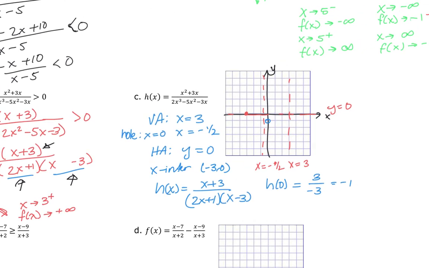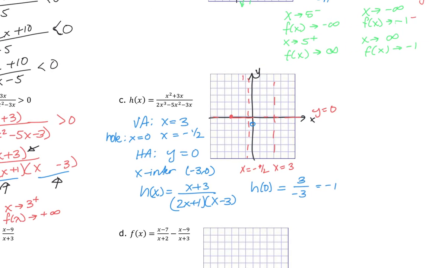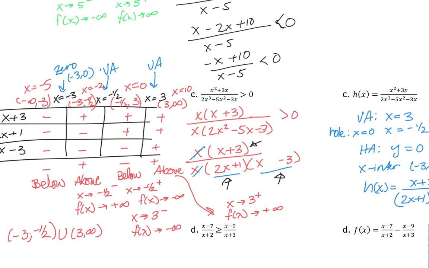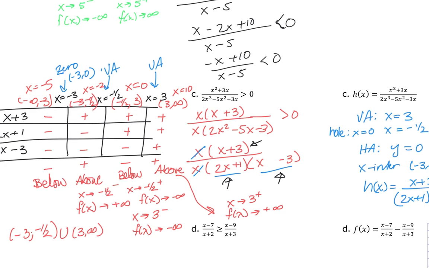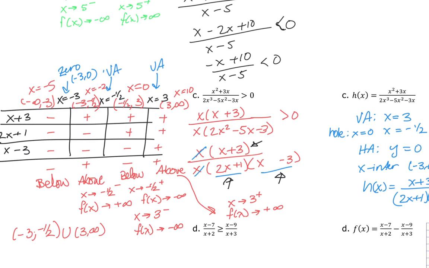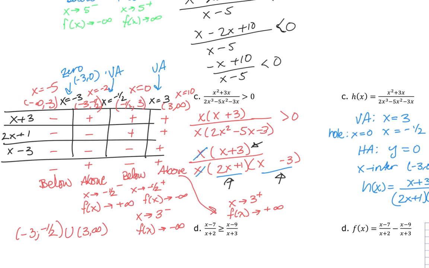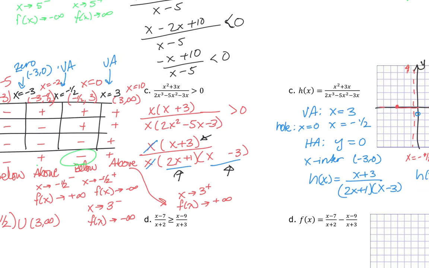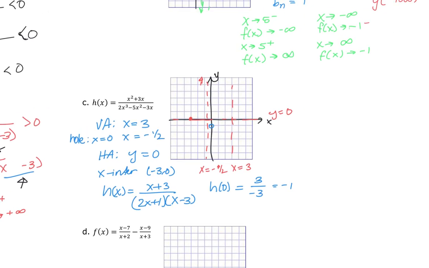Now if we look at our chart, as x approaches negative 1/2 from the left, it's going to be approaching positive infinity. As x approaches negative 1/2 from the right and as x approaches 3 from the left, they're both going down to negative infinity.